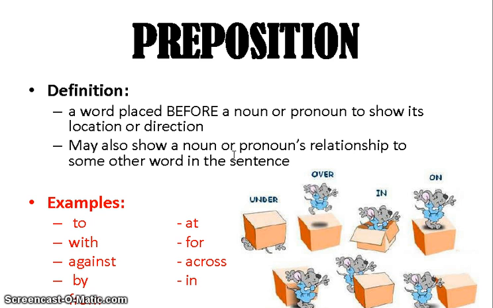Examples: in, on, under, through, by, because of. Prepositions form small phrases along with their object that often act as adverbial phrases to answer the questions when (time), where (space), or how (manner).